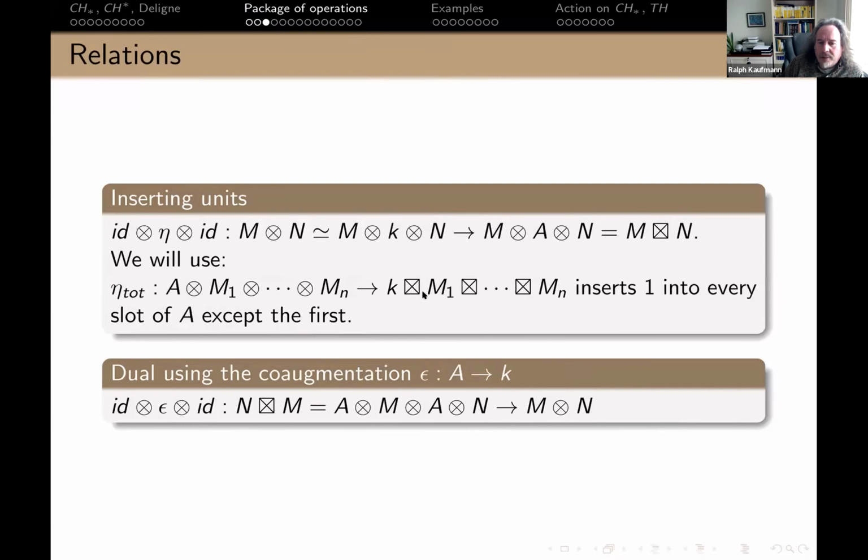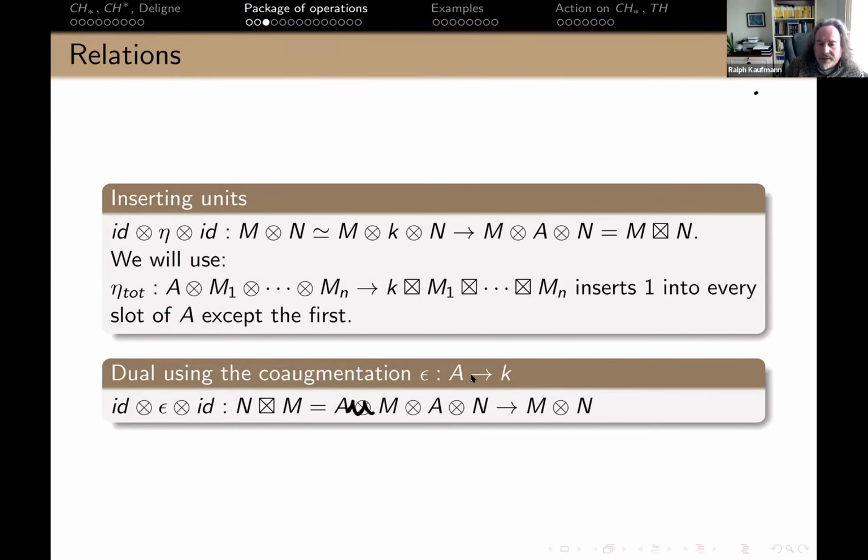So I'll leave that alone, but all the other box times, I'll insert a 1. And then the inverse operation is given by reading out the factor of A by using the co-augmentation method.